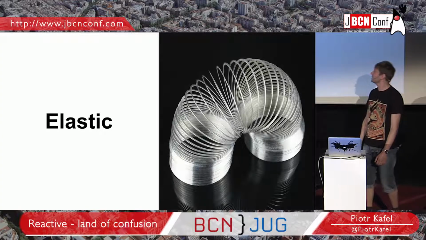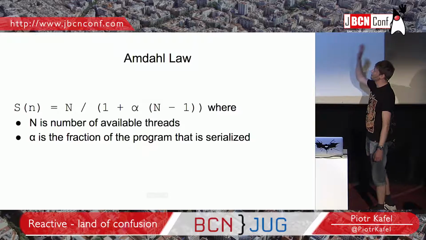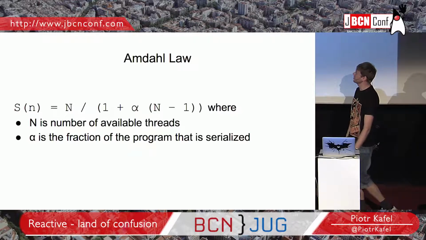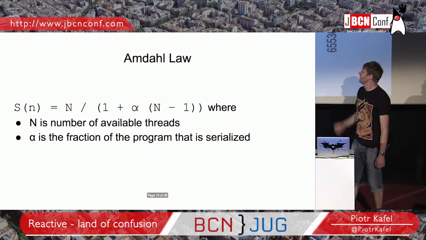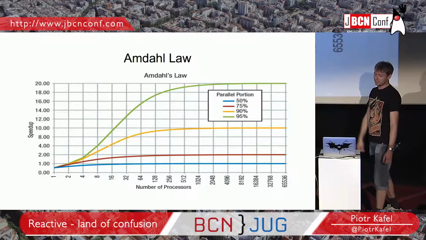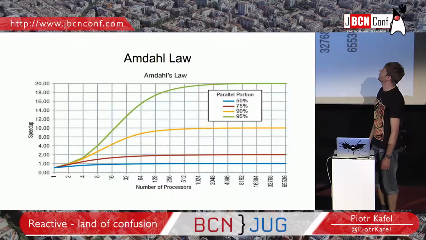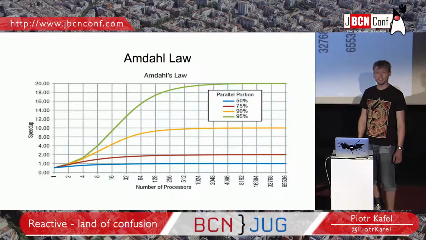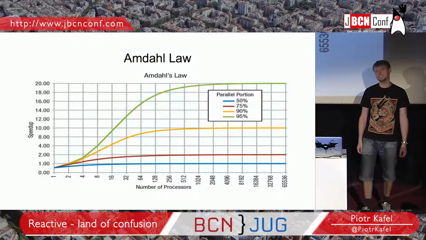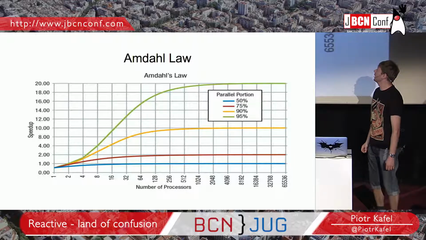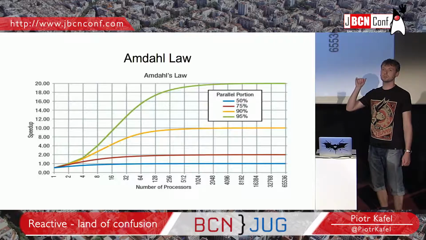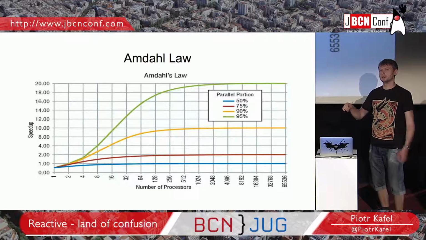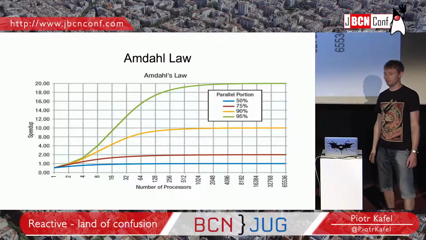If we look at something called Amdahl's law, and I'm really not interested in the formula, to be honest. I'm really interested in what it means. Amdahl's law is saying that the performance of your service is actually limited by the part of your program that needs to run synchronously, the part that you cannot actually parallelize.